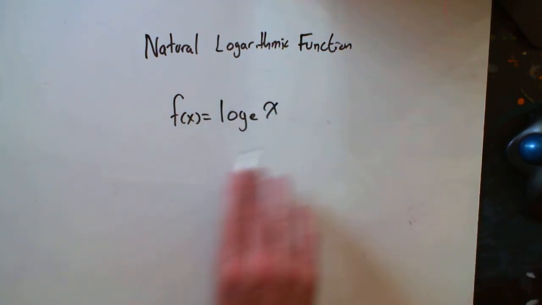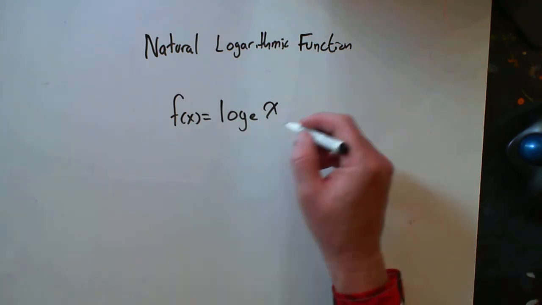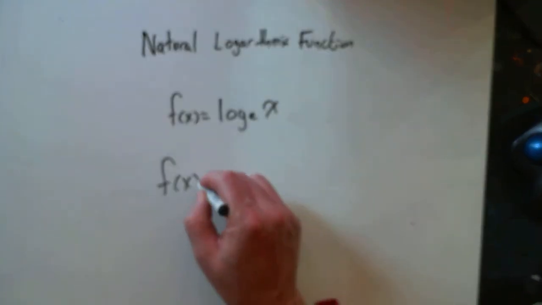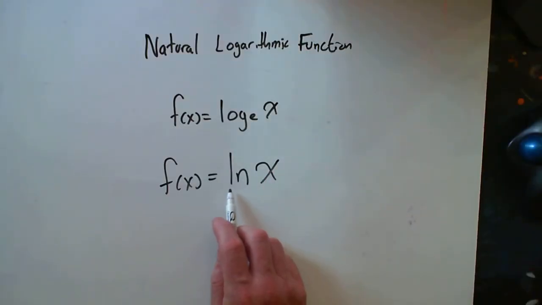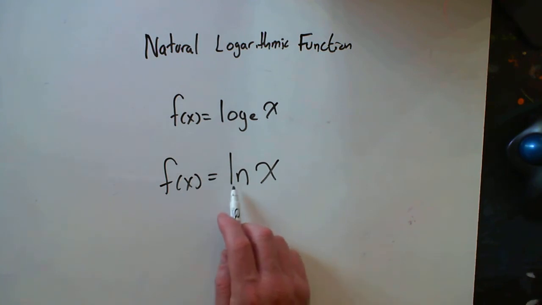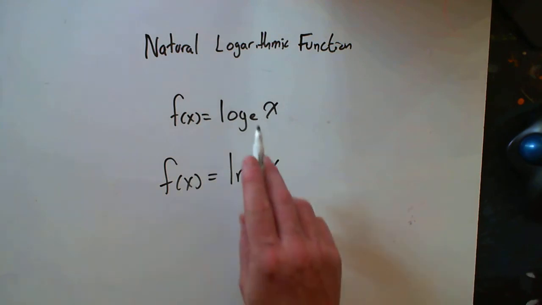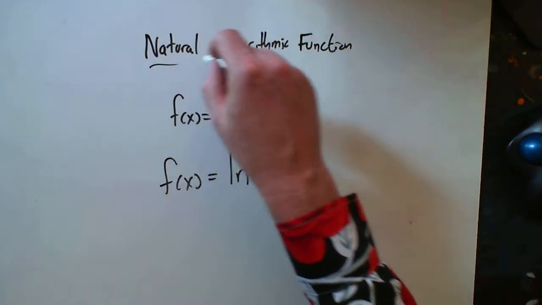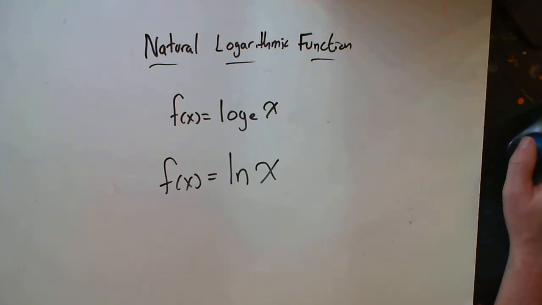You will never, ever see log base e of x. The equivalent statement would be f of x equals ln x. This is a lowercase l followed by an n. You are taking the natural logarithm of x. So this is called the natural logarithmic function. Whenever you see that ln, you know that you are working with a base of e. And we will talk about that over the next couple of videos.